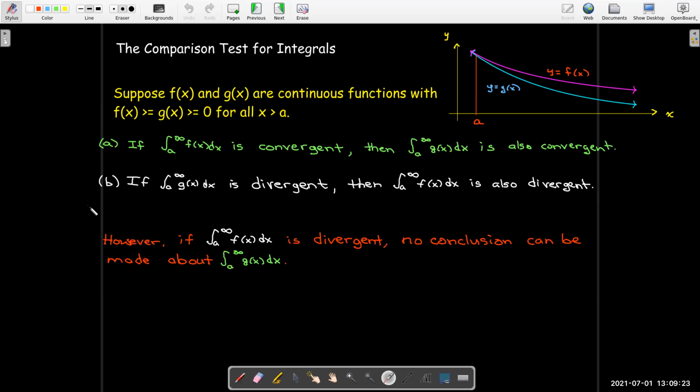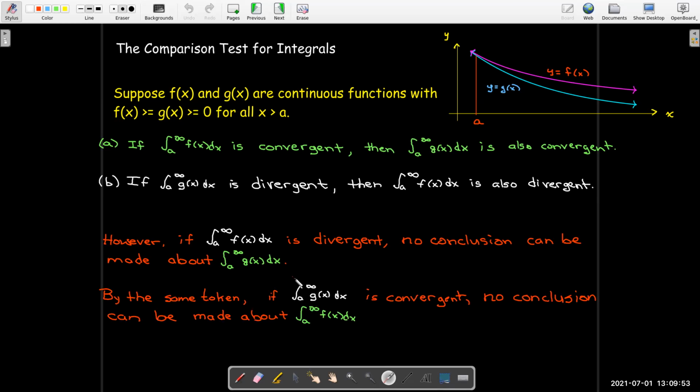And then we have the cases where we don't get any additional information or we can't make any other conclusion. So if the big one can't fit, meaning the big one is divergent, then you really can't say anything about the small one. It may be convergent, it may not be. We can't use the comparison test, at least with this big function, to draw any type of conclusion.